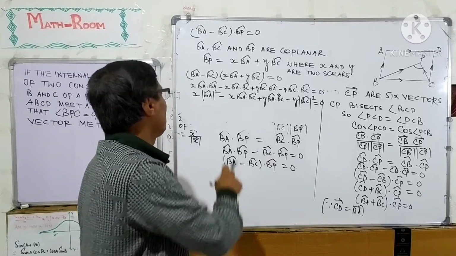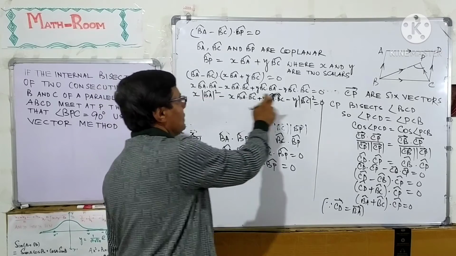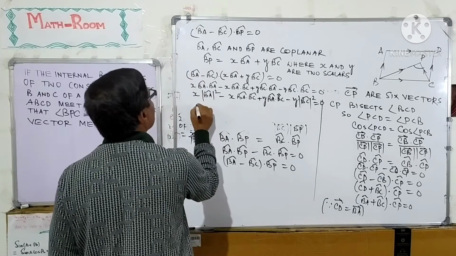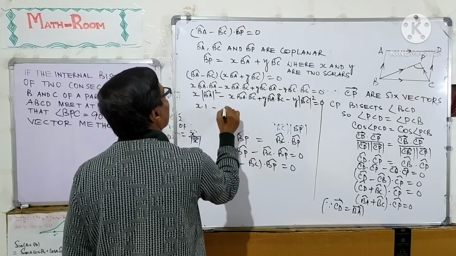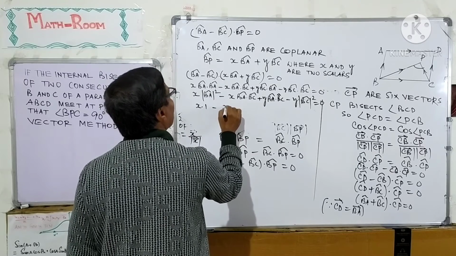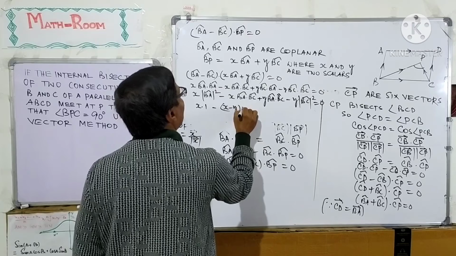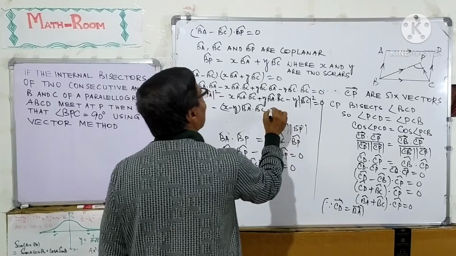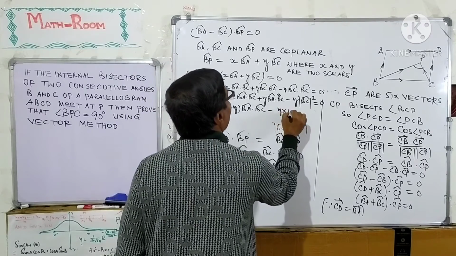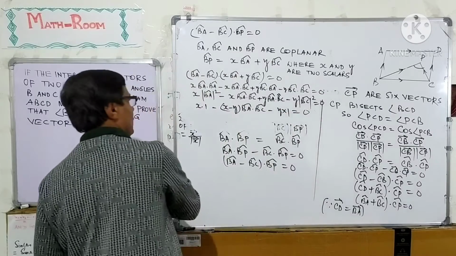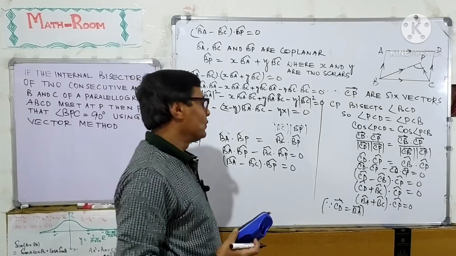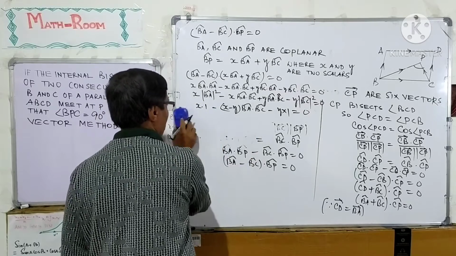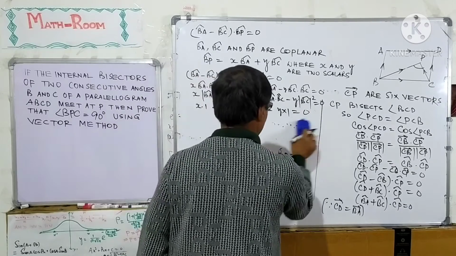Now, BA cap is a unit vector, BC cap is also a unit vector, so their magnitude is 1. So, x into 1 minus x BA cap dot BC cap plus y BA cap dot BC cap minus y into 1 equal to 0.